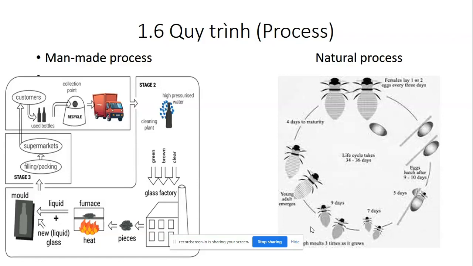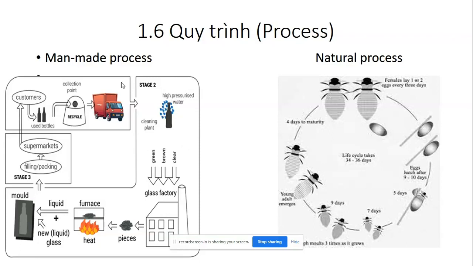The sixth one is also one of my favorites, my cup of tea. This is called a diagram, or process. We have two different kinds right here. This is a man-made process, which refers to the different stages in which something artificial is made.